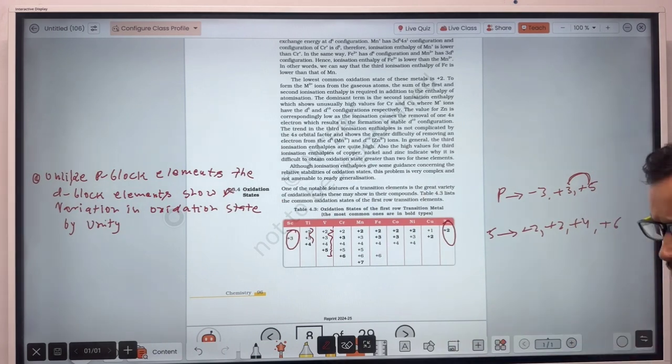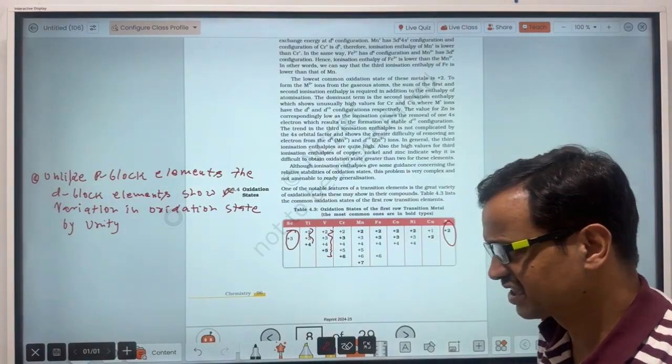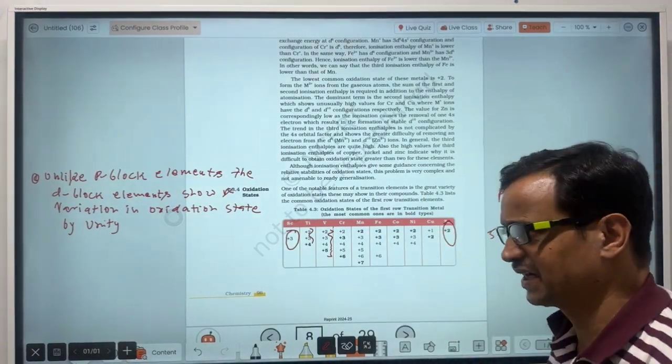Scandium and zinc show only one oxidation state, that is +3 and +2 respectively.